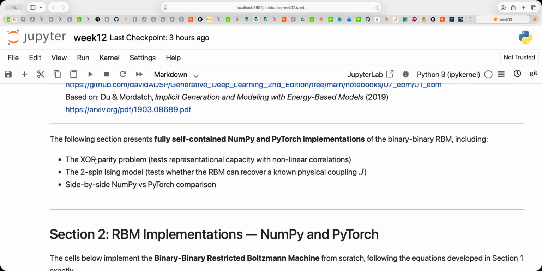But this is a way by which you can actually use a Boltzmann machine to recover the strength or the coupling constant. You could actually replace this Ising model with a model for the gravitational force. And then your Boltzmann machine here could recover the gravitational constant for you, as long as you plug in the right functional dependence, which is given by 1 over the inverse distance between 2 planets.